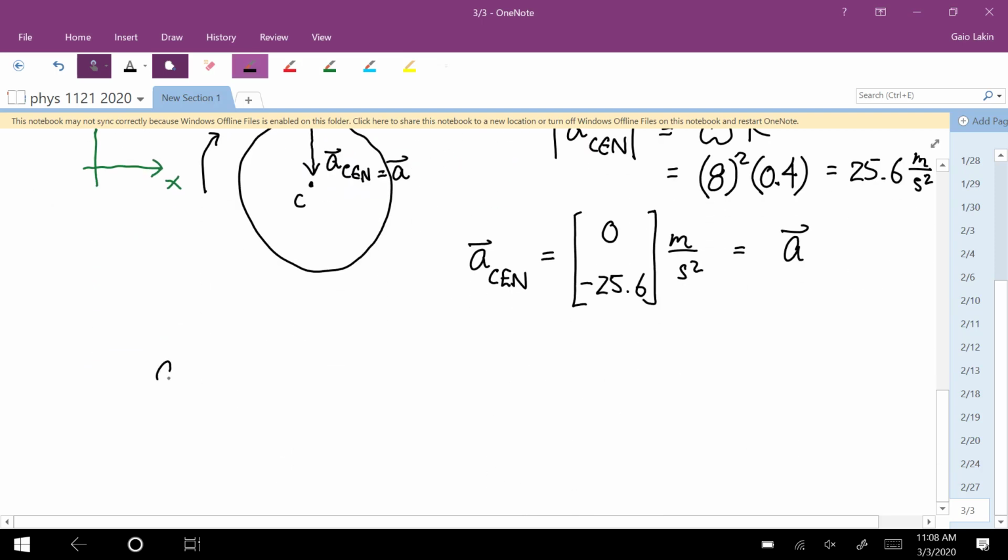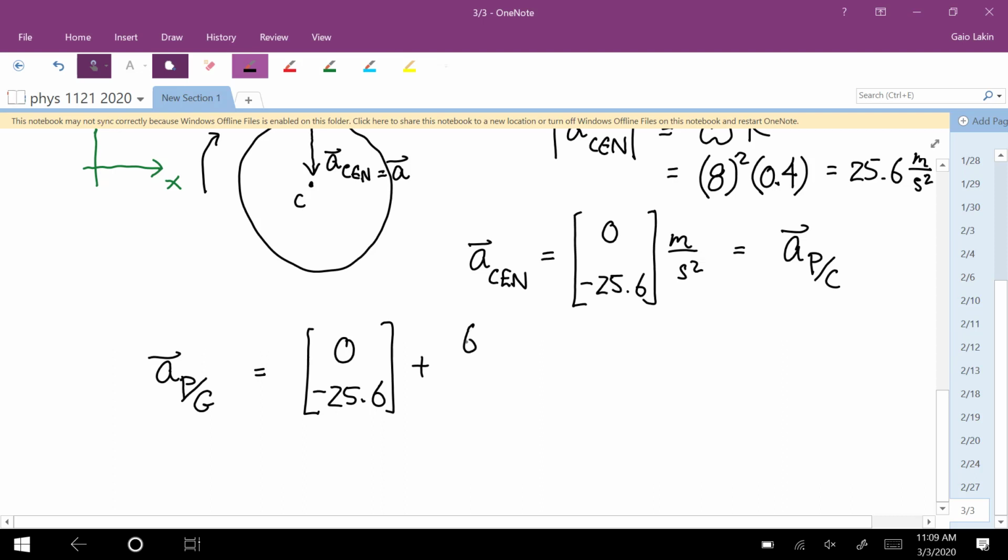So the acceleration of P relative to the ground is equal to, this acceleration is the acceleration of P relative to the center. So this, excuse me, is equal to 0, negative 25.6, plus the acceleration of the center relative to the ground.